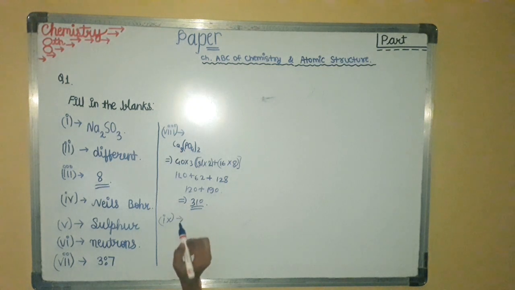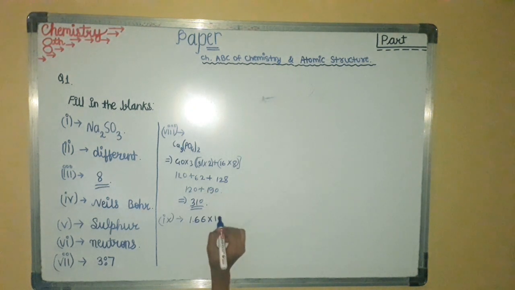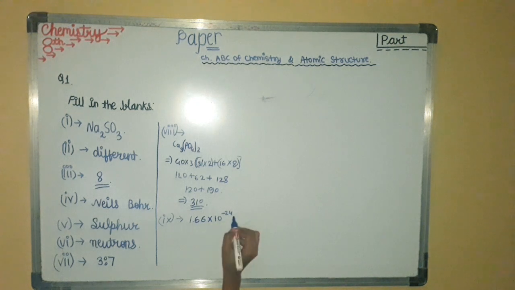Ninth question is the value of 1 AMU. The value of 1 atomic mass unit is what? So the value of 1 AMU is 1.66 into 10 raised to minus 24 gram.